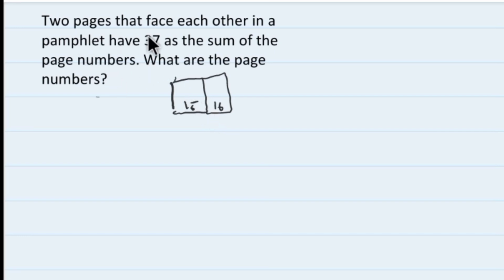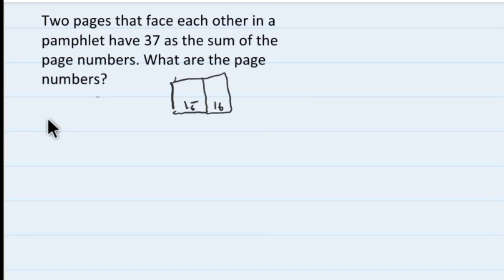It says two pages that face each other in a pamphlet have 37 as the sum of the page numbers. What are the page numbers? The first step while solving a word problem is to determine what we have to find. We have to find the page numbers that are facing each other. Let us assign a variable to the first page.